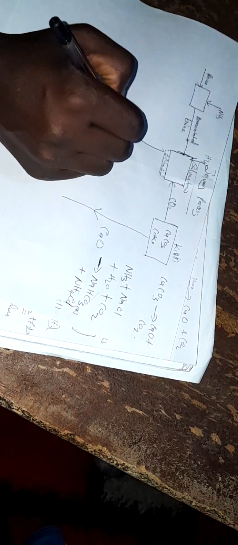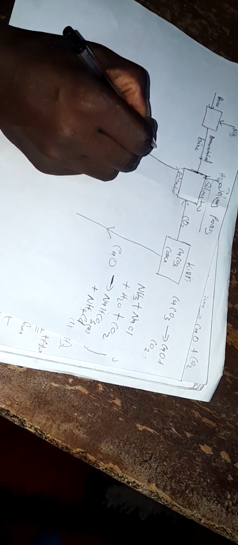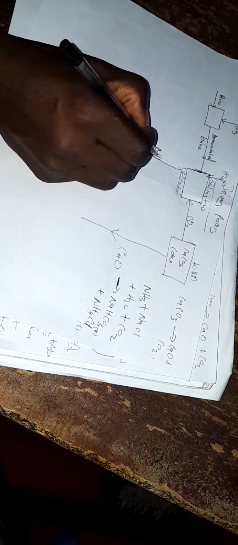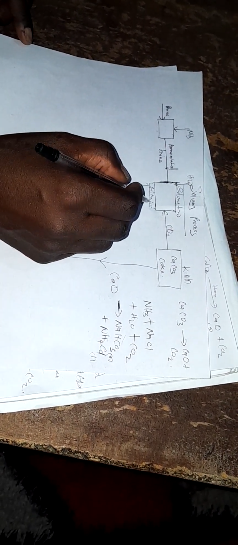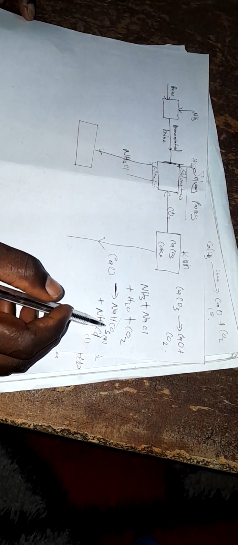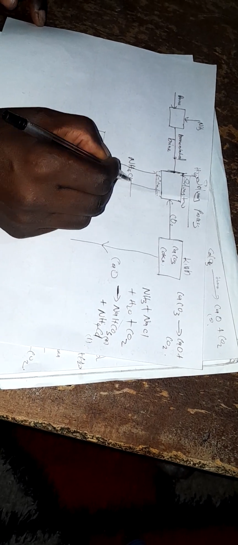So we're going to pass what? Ammonium chloride to ammonia regenerator or ammonia recovery tower, and then we pass sodium hydrogen carbonate to furnace, right?